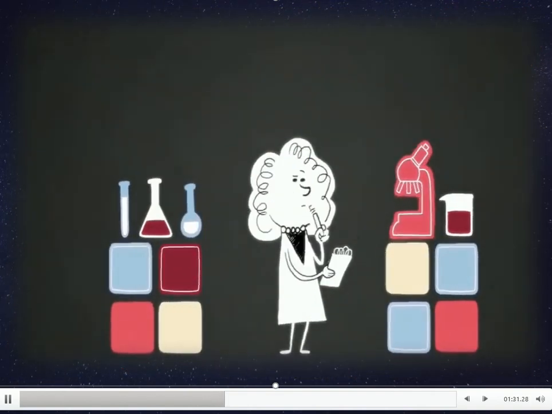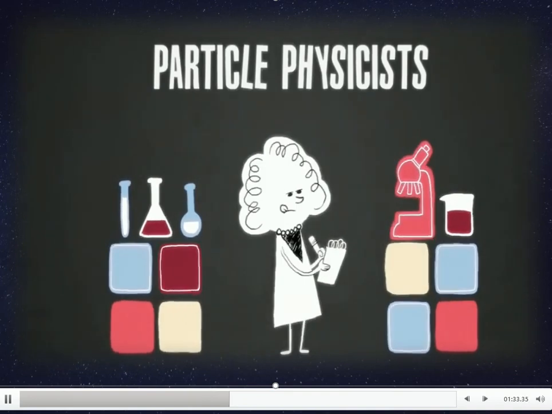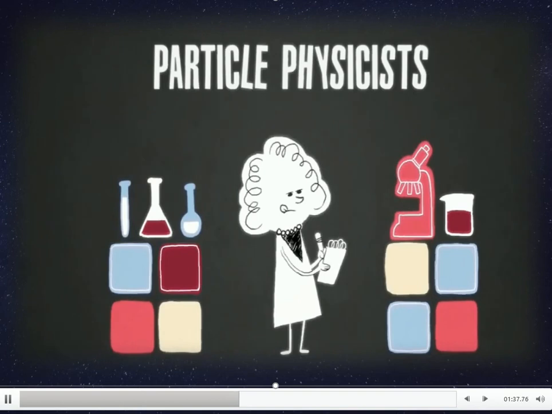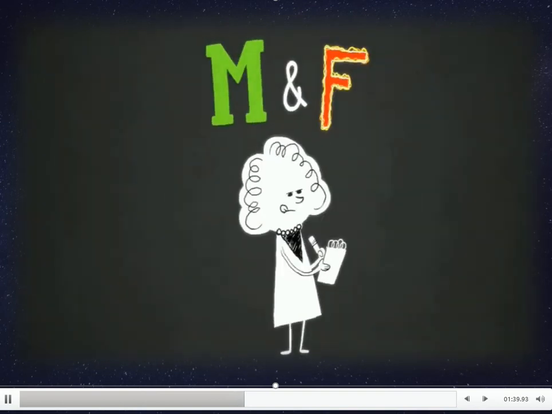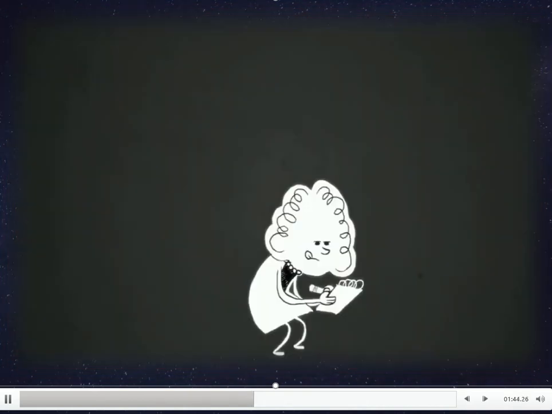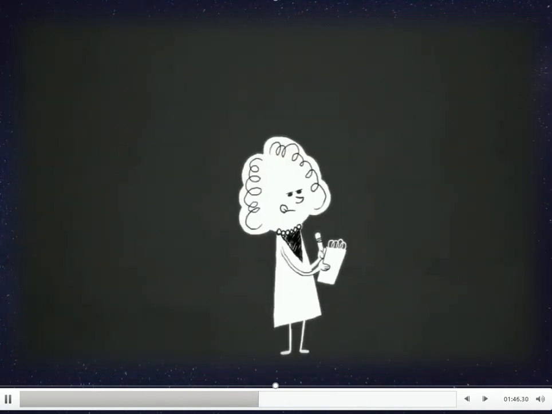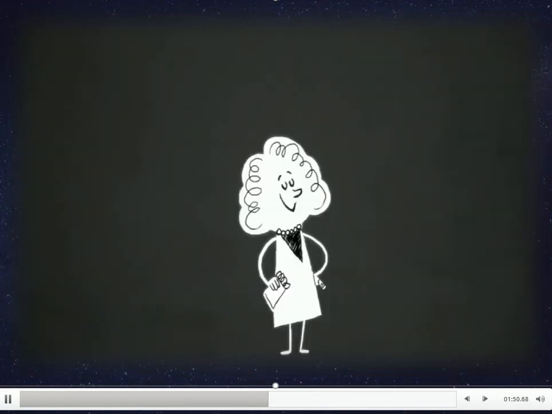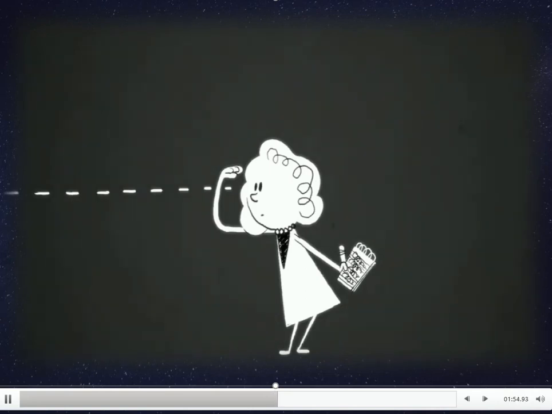This is done by particle physicists. Over the past century, particle physicists have been studying matter and forces at higher and higher energies. Firstly with cosmic rays, and then with particle accelerators, machines that smash together subatomic particles at great energies. The greater the energy of the accelerator, the further back in time they can effectively peek.